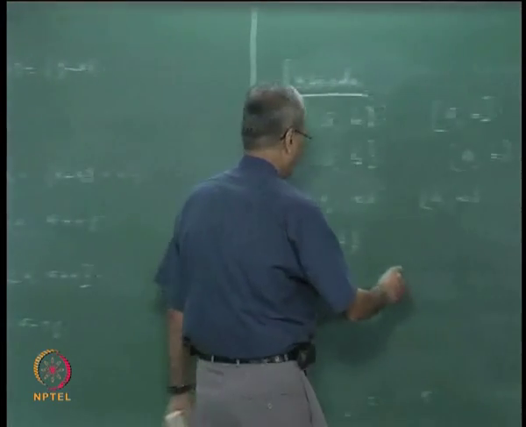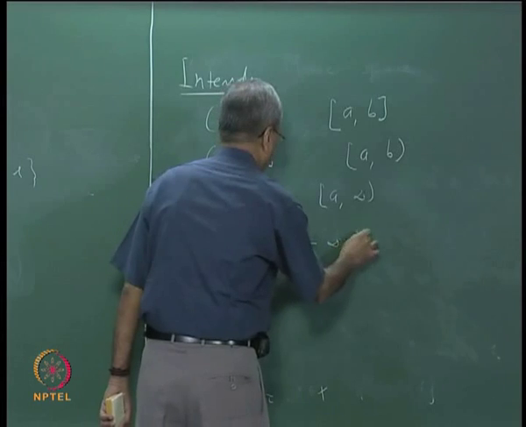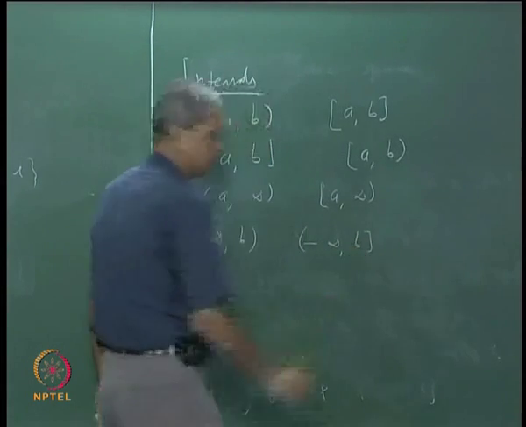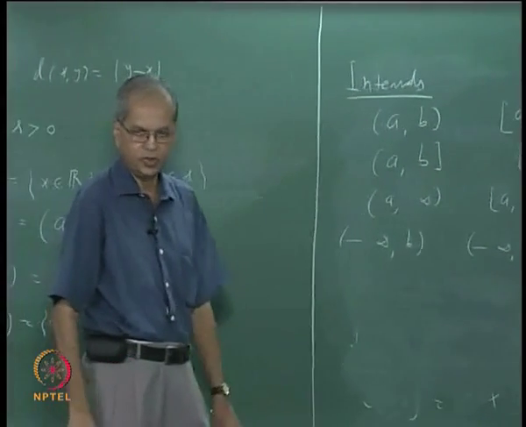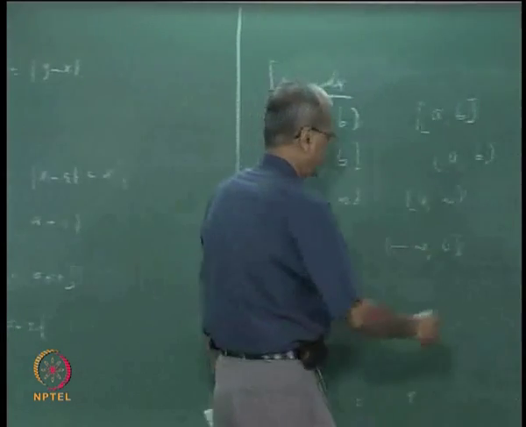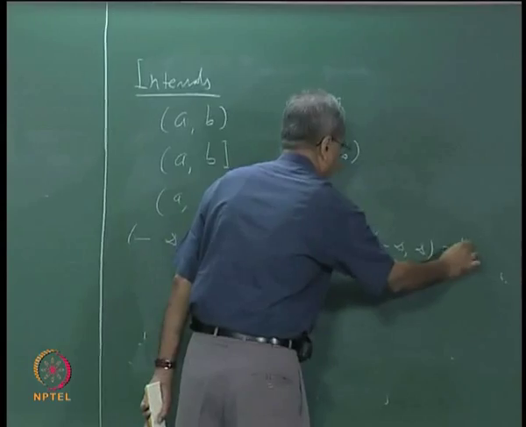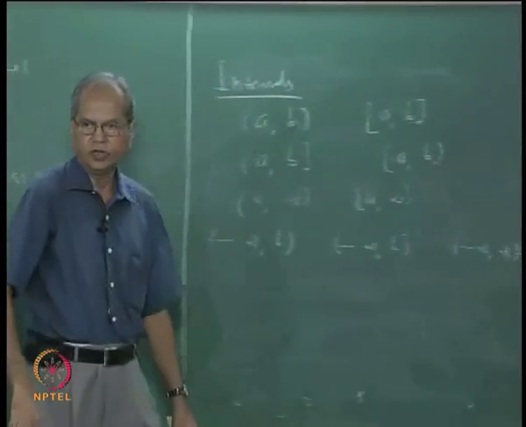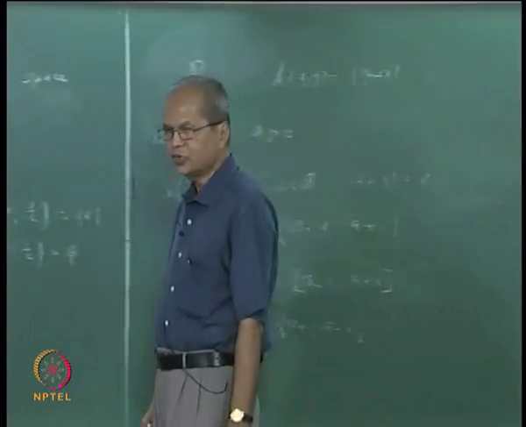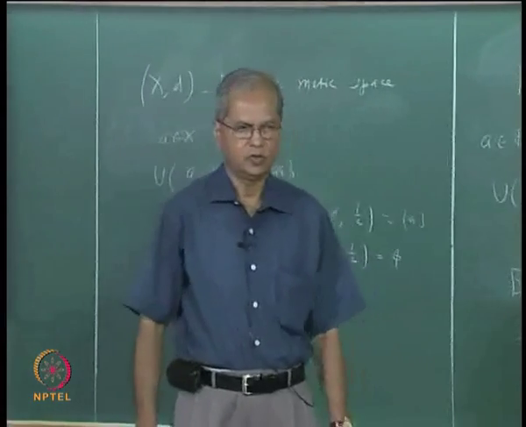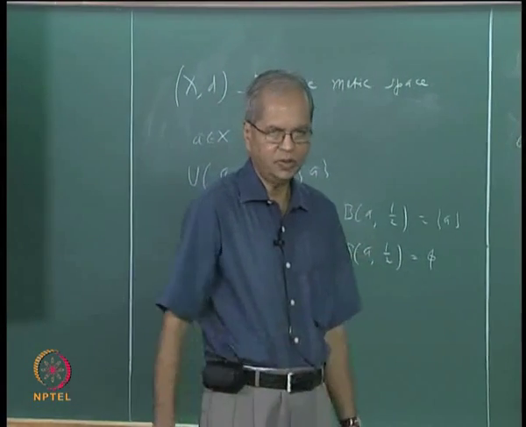And then something like minus infinity to B, that is also an interval, and similarly the other variant. And finally minus infinity to infinity, which is nothing but what we would call R. Is that also an interval? Fine. So all these are examples of intervals.